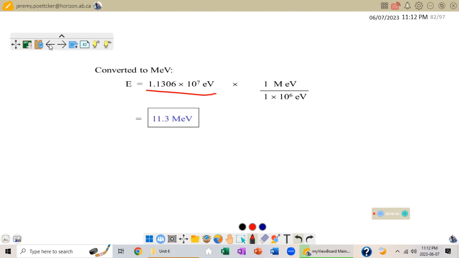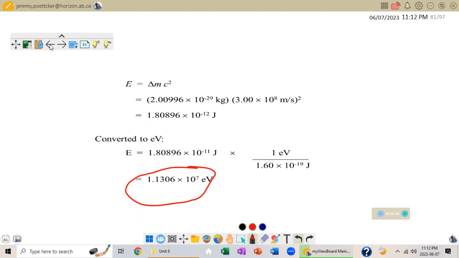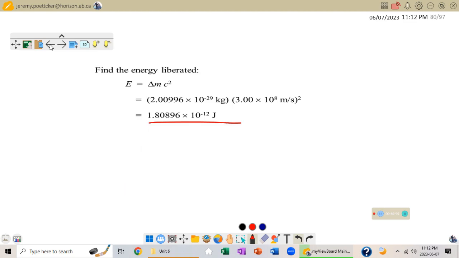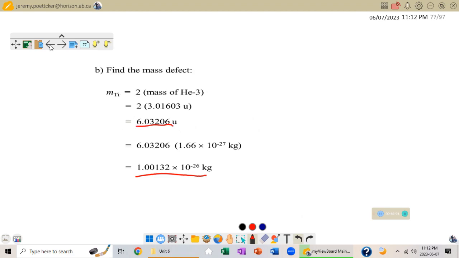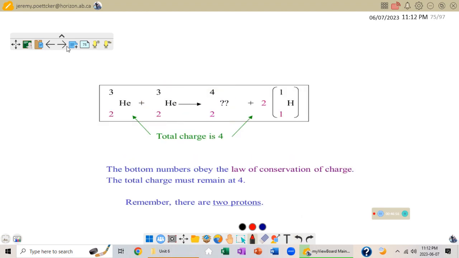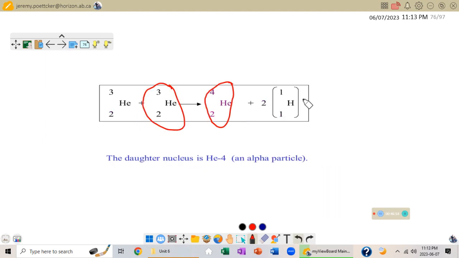So, if I go back to this fusion reaction that we started with, oops, here we are. One of the things here is that we are getting 11.3 mega electron volts of energy from just 2 atoms fusing.